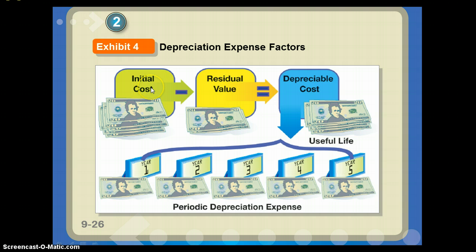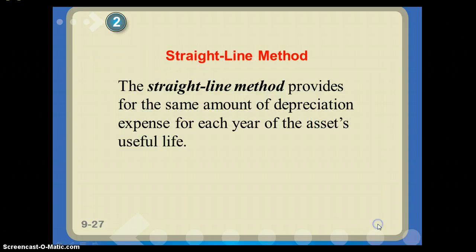For example, the initial cost might be $2,000. We expect it to be worth $500 when we sell it. So the depreciation cost is $1,500. We take that $1,500 and spread it out across the useful life of the asset. The amount we spread across the useful life depends on the method that we use.